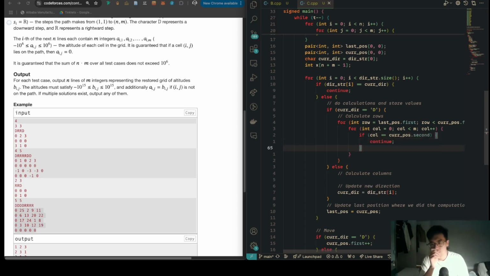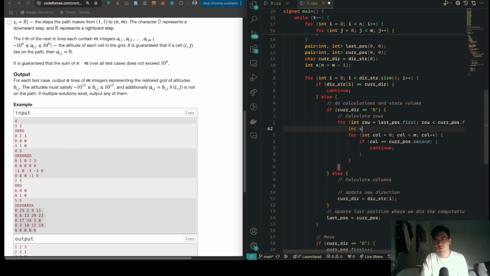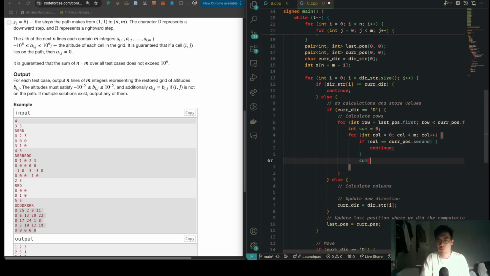And then this is x, so this row, from the last row. Every time we move a corner, we're going to solve for the corner.